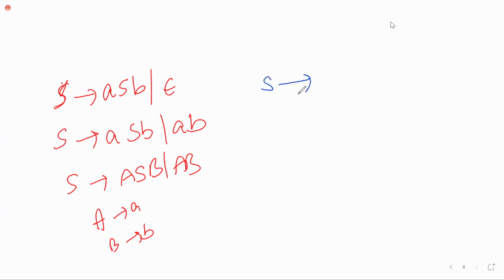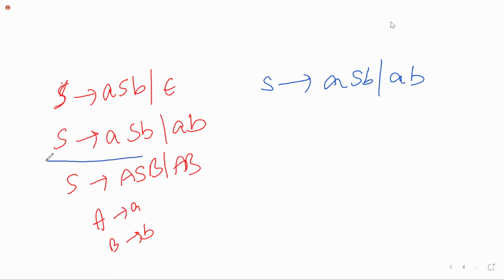Suppose this is ASB. In place of S, if I introduce epsilon, what happens? Simply the production becomes AB. The given production ASB I'm writing as usual. If I substitute, it will become AB, right?